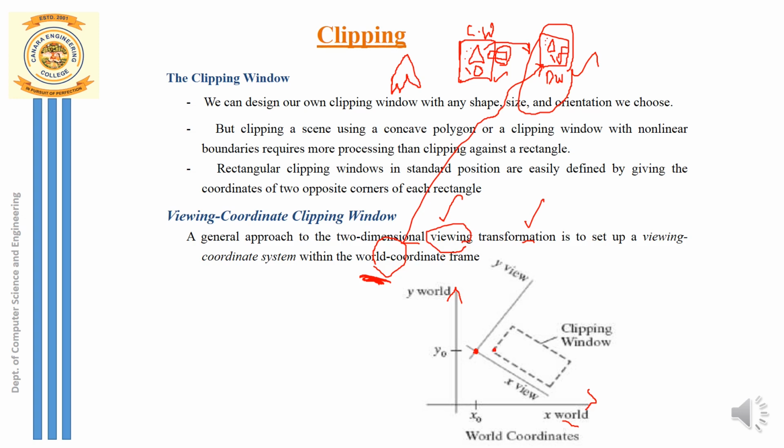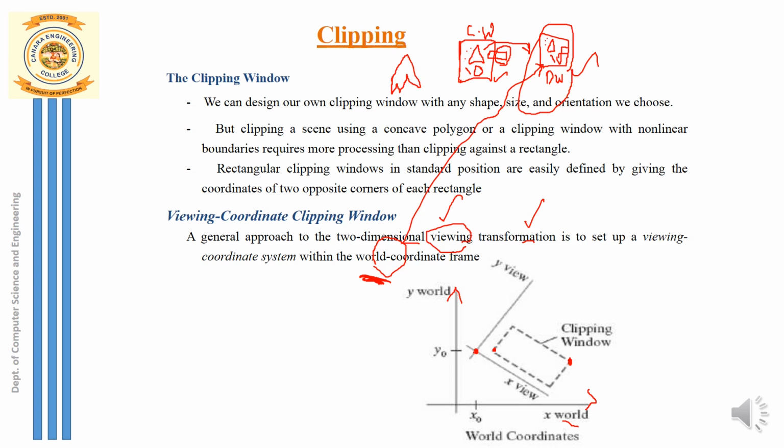Let me take it as an object, or simply a rectangle with a boundary. You call this the minimum boundary x min y min, and this the maximum boundary, x max y max. So the lower left corner and the top right corner are the boundary of the clipping window.